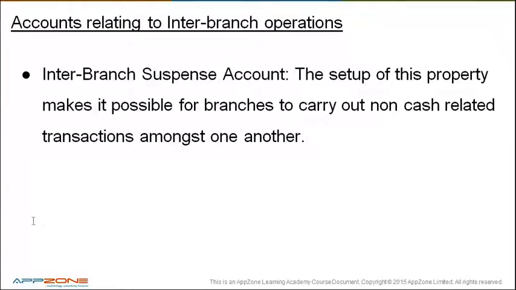So after the physical printer is moved to the branch, the cost, the book value of that printer must also be moved from the head office books into the branch's books. So such movement can be passed via the interbranch suspense account.